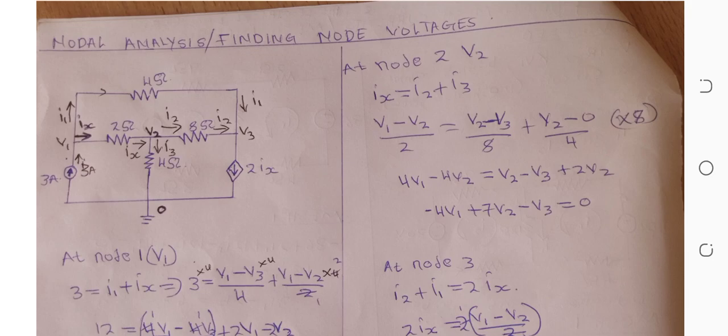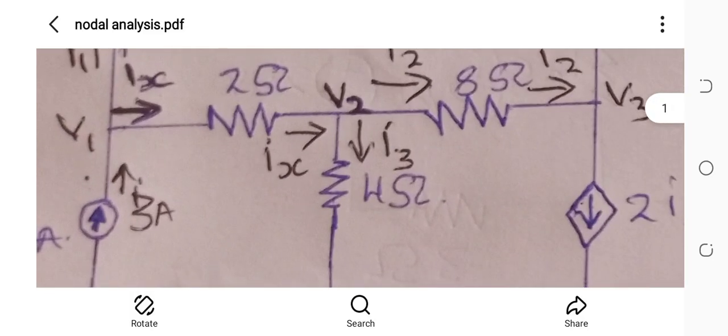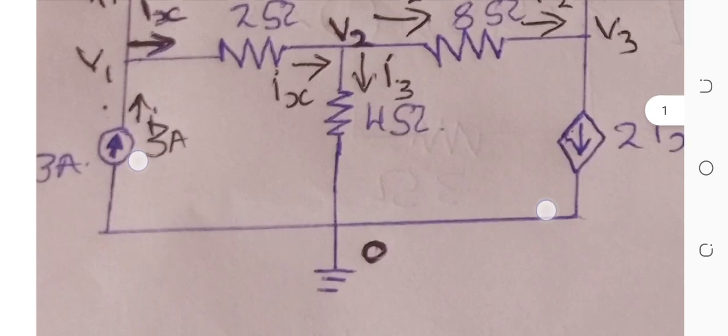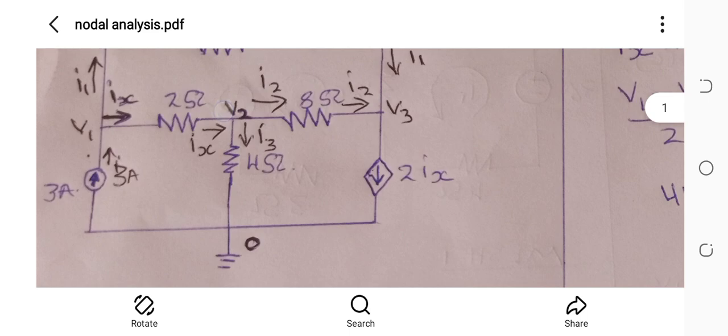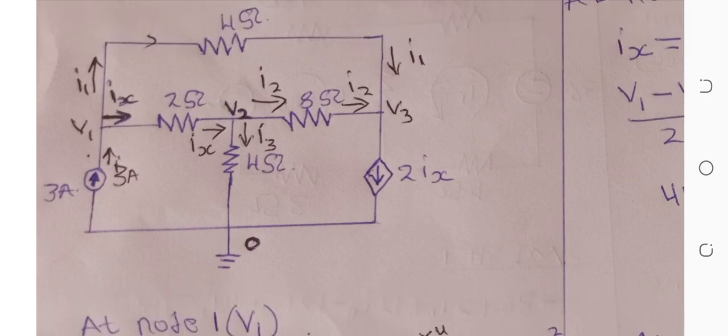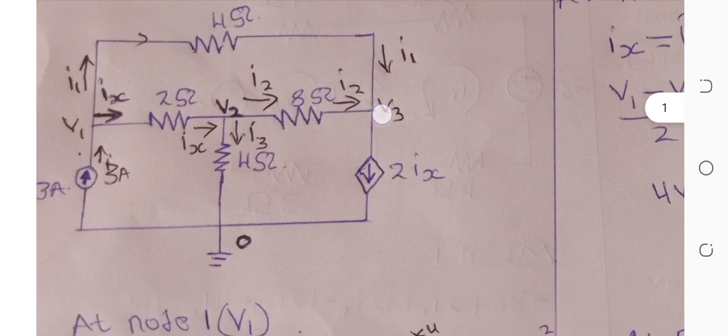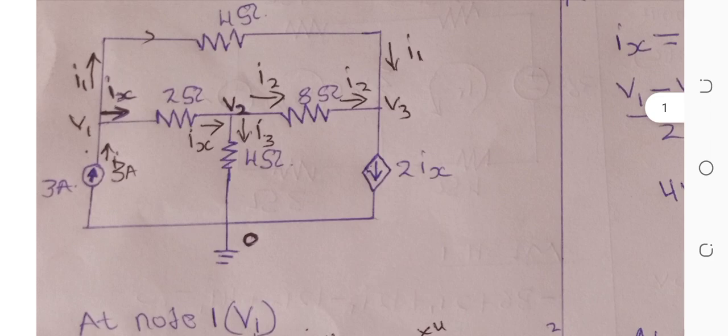So let's start. We have our circuit over here. We are needed to find the node voltages. The node voltages include node 1, which is labeled V1 here, then V2 over here, our second node, and our third node is V3.